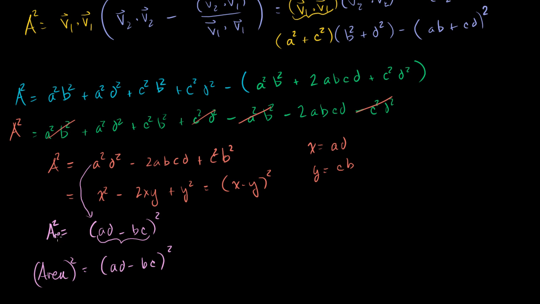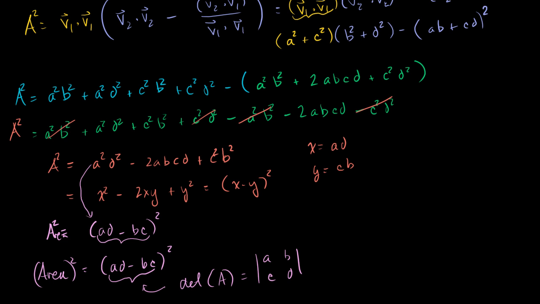These A's are all area. But this is the determinant of my matrix A, my original matrix that I started the problem with, which is equal to the determinant of [a b; c d]. The determinant of this is ad minus bc by definition.